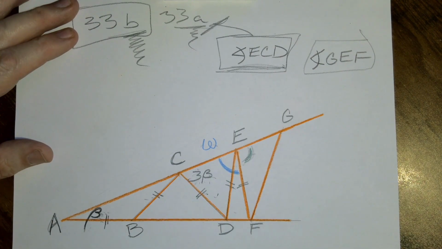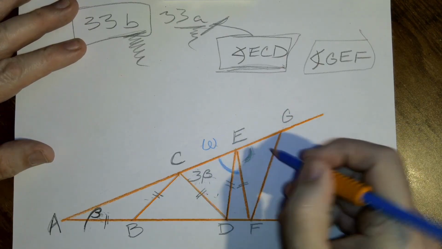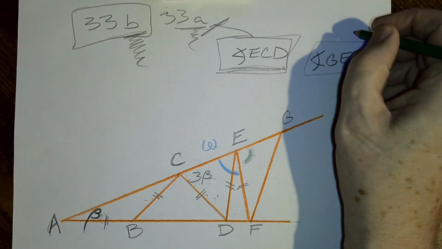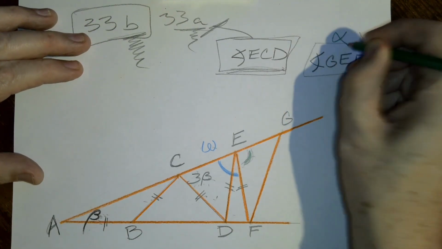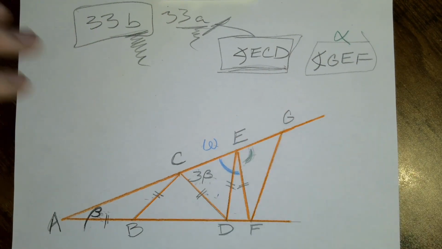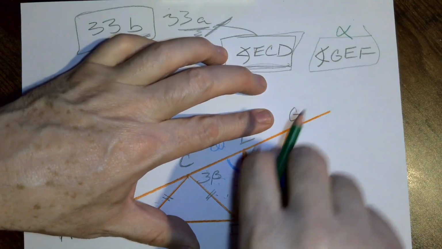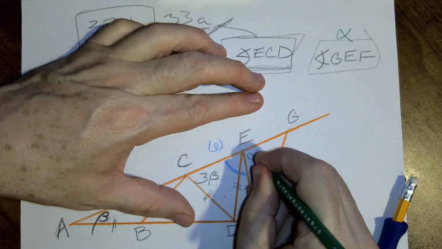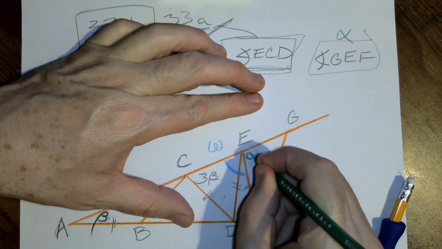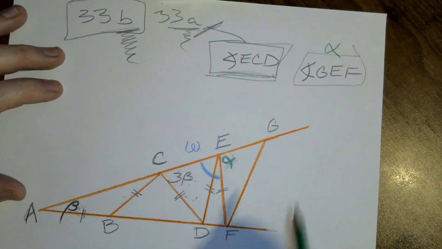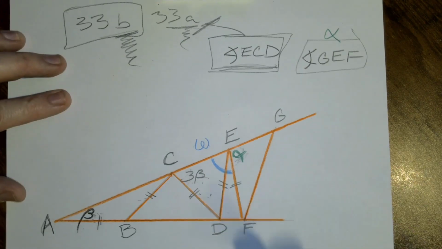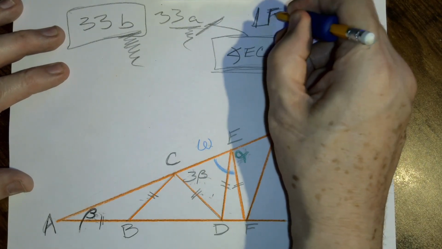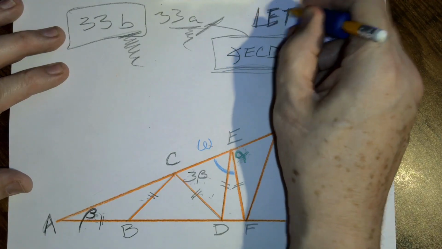Okay. This angle GEF, let's give it a much more simple name. Let's call it alpha. And this is alpha. There we got alpha. Now, what are we using? We're using the most powerful word in mathematics, let.